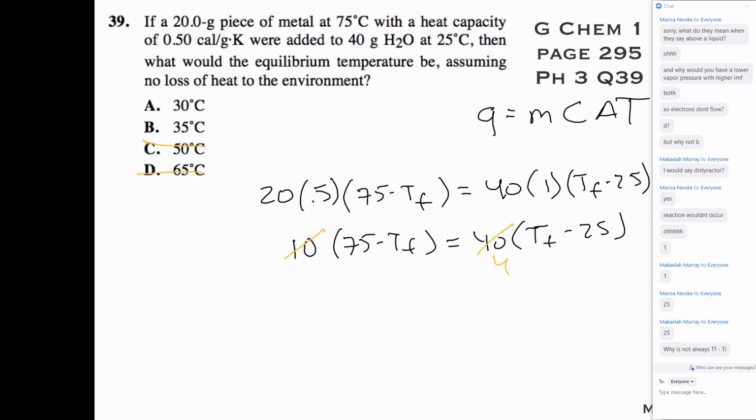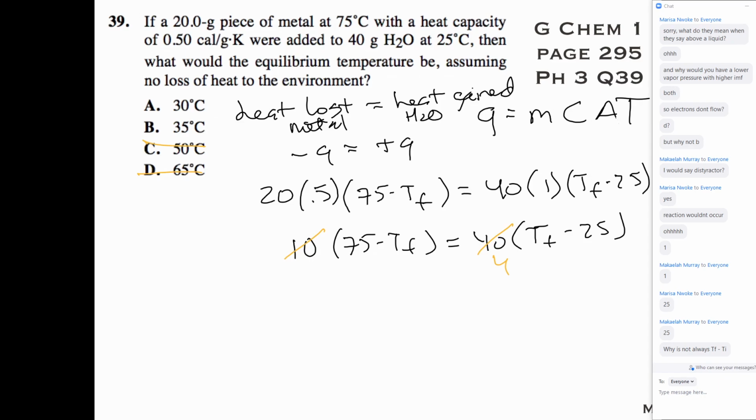So the reason I flipped this around is because it comes down to heat lost by the metal equals heat gained by water. Which means negative Q equals positive Q over here. I did T final minus 75 should have been what I did, but to get rid of that negative sign, I flipped those around.